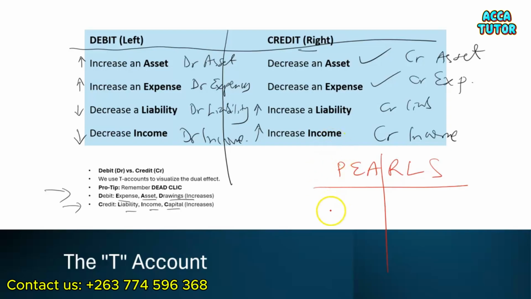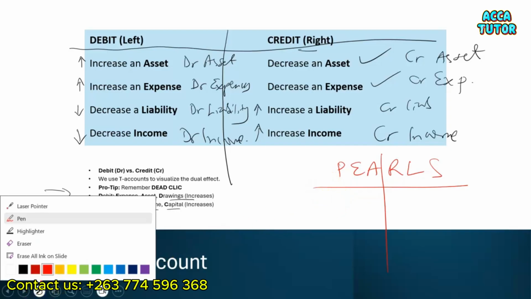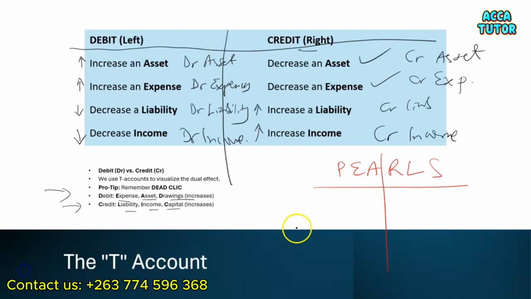So the first P there, what was the P then? Oh, P was purchases. E was expenses. A was assets. All these, purchases, expenses, assets, whenever they were increasing, we were debiting.